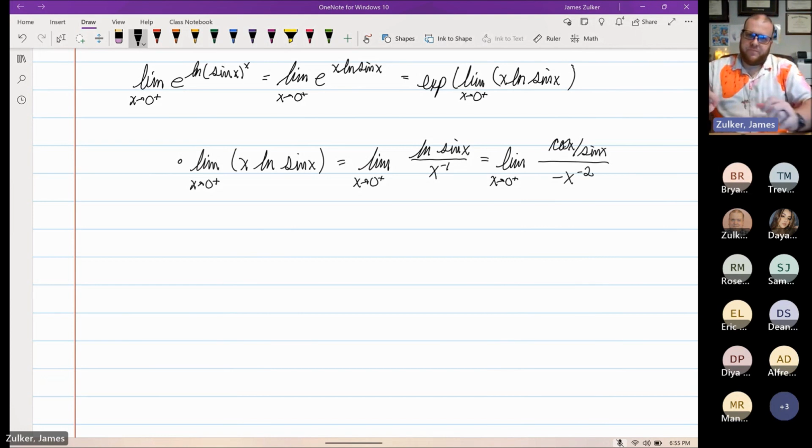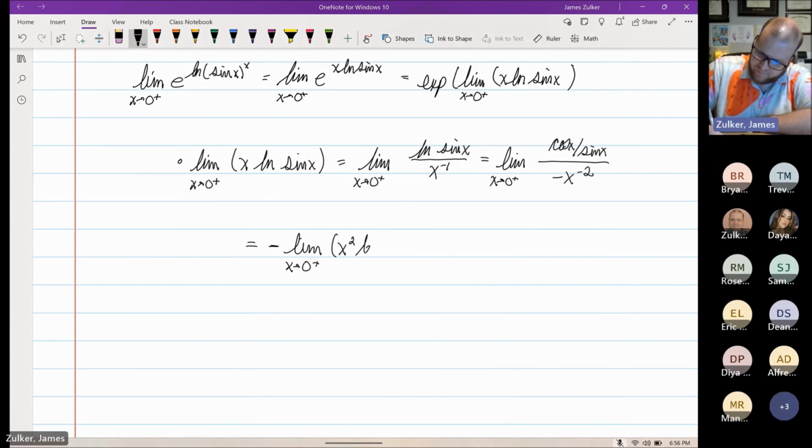Right? Numerator function, the derivative is cosine of x over sine of x. Derivative of the denominator function would be negative x to the minus 2. Tangent of 0 is 0, right?